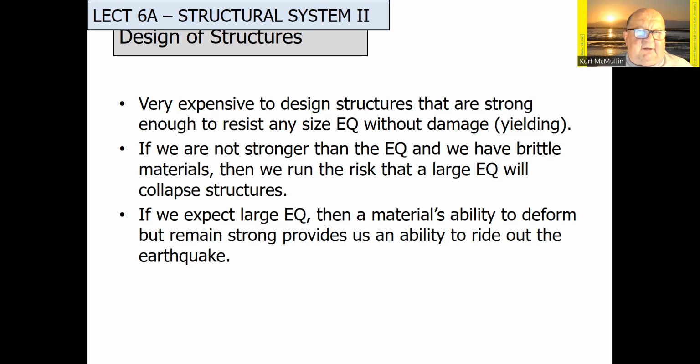So if we expect large earthquakes, and we're not going to build the building stronger than what the earthquake will produce, then what's critical to us is the material's ability to deform but remain strong, so that we have a chance to ride out the earthquake and survive without collapse.